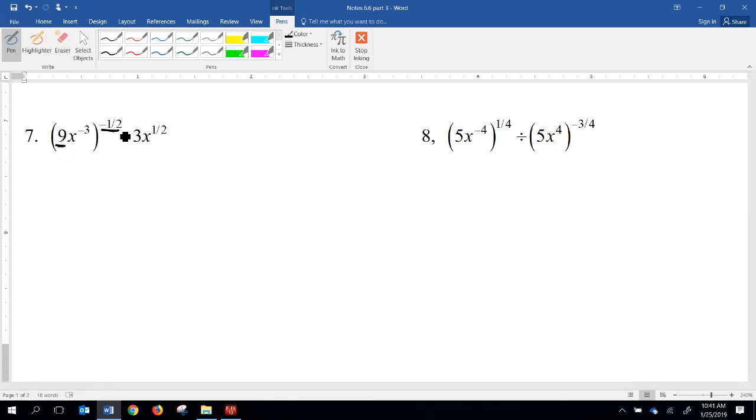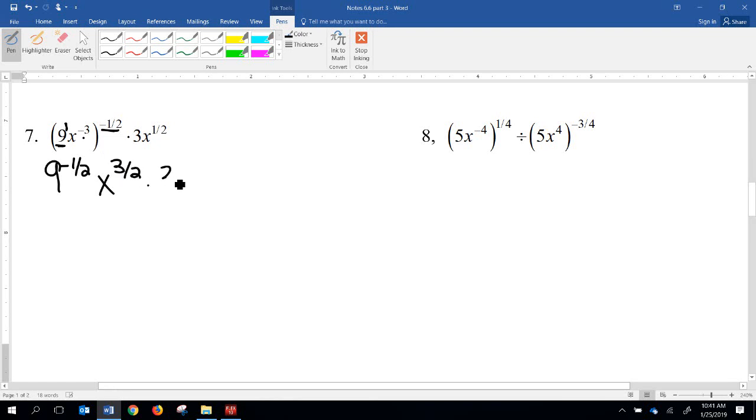See, 9 is to the first power. So I have to multiply 1 times negative 1/2. So it's going to be 9 to the negative 1/2. What's x going to be to now? Multiply them, what do you get? 3/2. And then we have times 3x to the 1/2. Okay, you guys simplify that now.